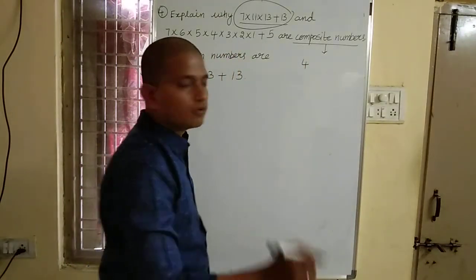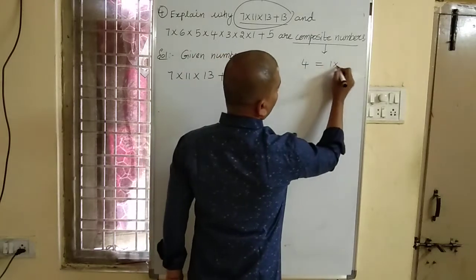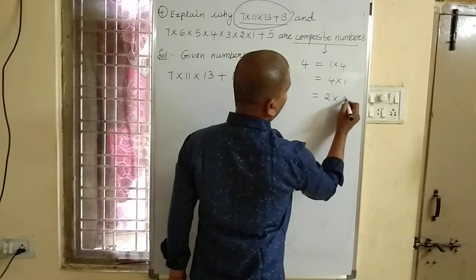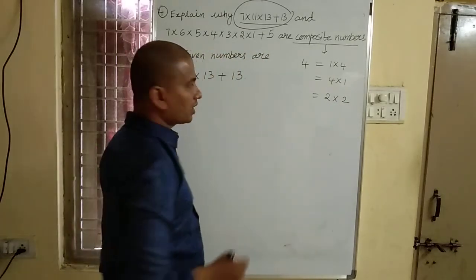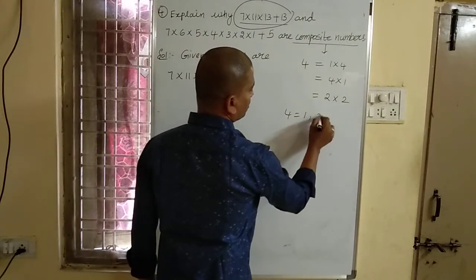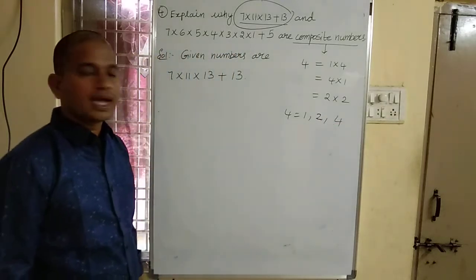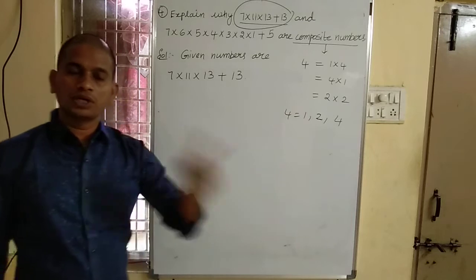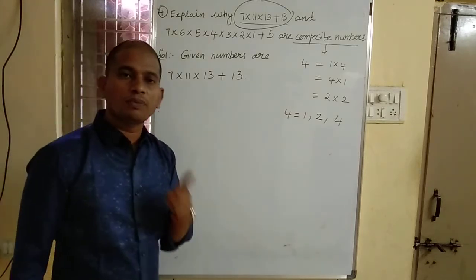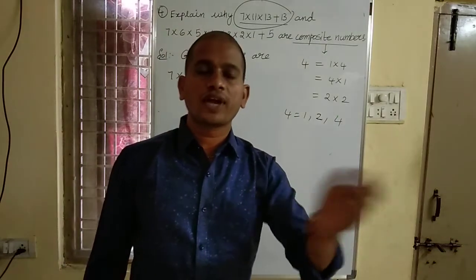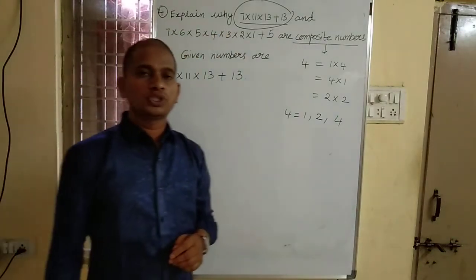What are the factors of 4? 1 4s are 4, 2 2s are 4. So the factors of 4 are 1, 2, 4. It is having more than 2 factors, hence it is called a composite number. The numbers which are having more than 2 factors are called composite numbers.